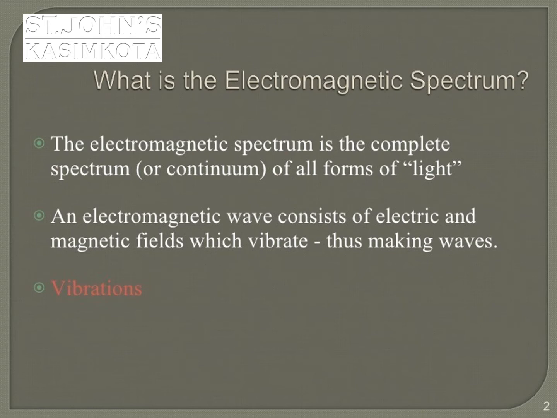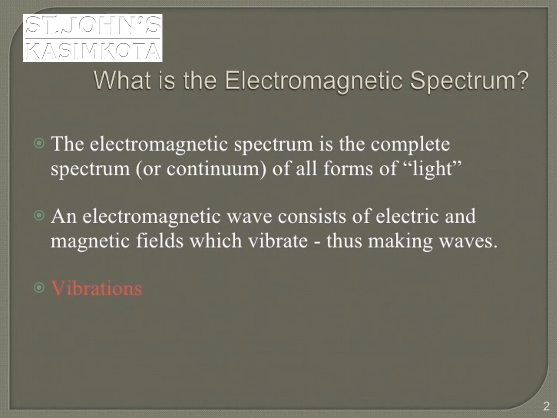So what is this electromagnetic spectrum? The electromagnetic spectrum is a complete spectrum of all forms of light. Here I stress the phrase all forms of light, which means it is not only visible light, as you see now, but also electromagnetic waves of different ranges.